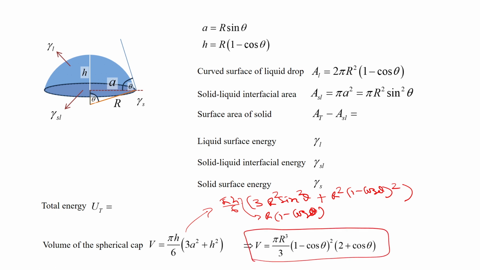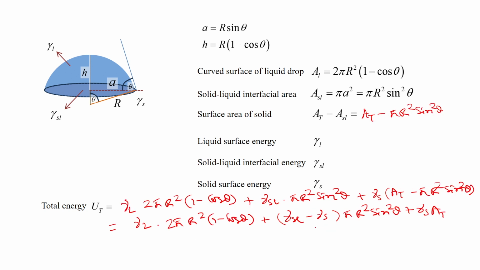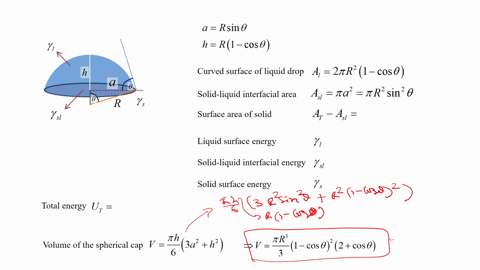So, essentially what we have done is that we have considered this spherical cap, this angle is theta, and all the dimensions a, h we have actually written in terms of capital R and theta, and then we have obtained this. So, we have now the expression for the total energy, and we have the expression for the volume.